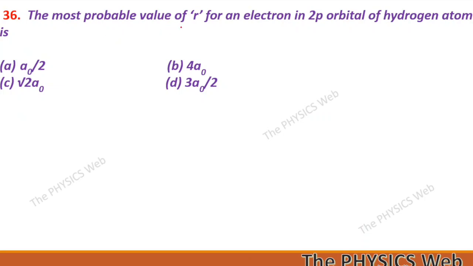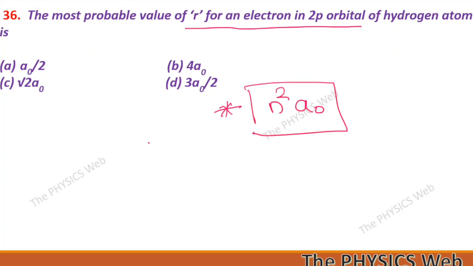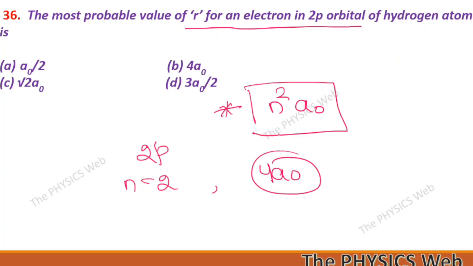The most probable value of r for an electron in the 2p orbital of hydrogen atom is. Remember, for hydrogen atom, the most probable distance is given by n²a0. As it is given 2p orbital, n equals 2, so the most probable distance will be 4a0. Okay, so B is your correct answer.